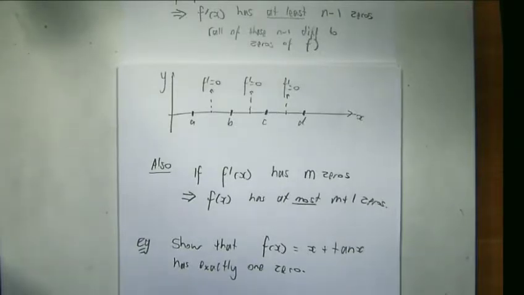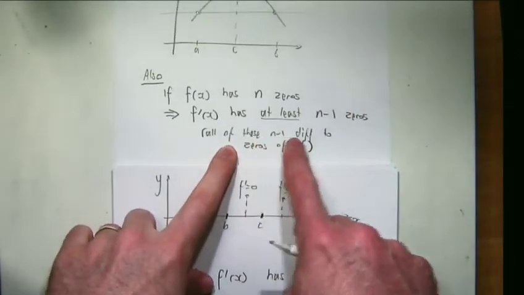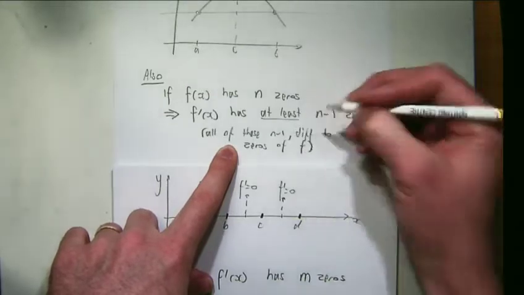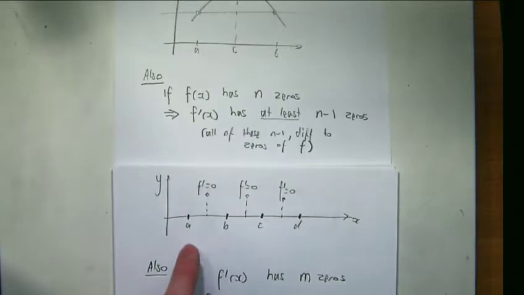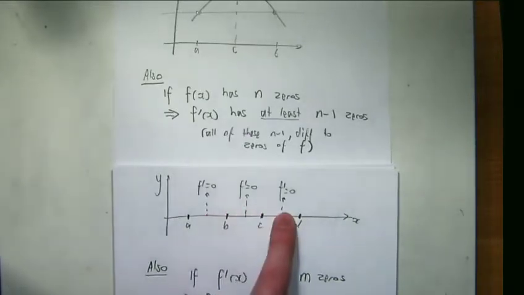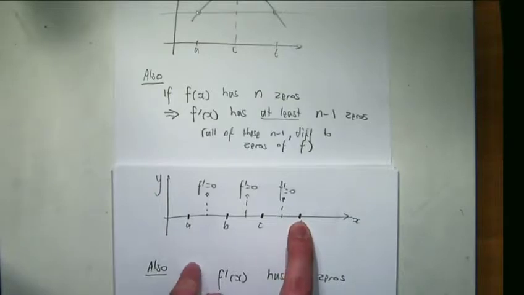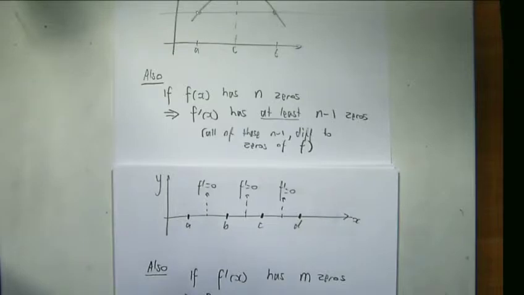So the question is, I've said here, all of these n minus 1 are different to the zeros of f, and you're asking, does that exclude the possibility of there being a 0 at one of these points? And the answer is no, it's perfectly possible for there to be zeros at those points too, but the n minus 1 zeros that I mentioned in Rolle's Theorem are different to those ones, but there might be even more at those points as well.